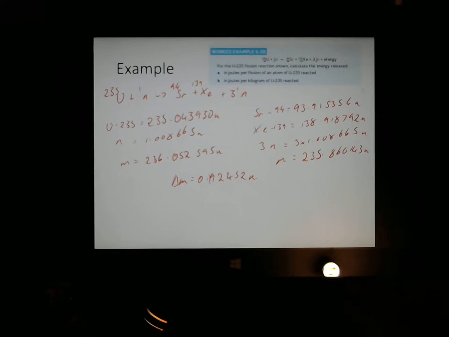Okay, so now that we've got the amount of mass that's being released here, we need to turn this into kilograms. So we're going to take the previous conversion we saw in the last video, where we now are going to multiply this by 1.66 times 10 to the negative 27. That is inside your formula booklet, so you don't have to memorize that number.